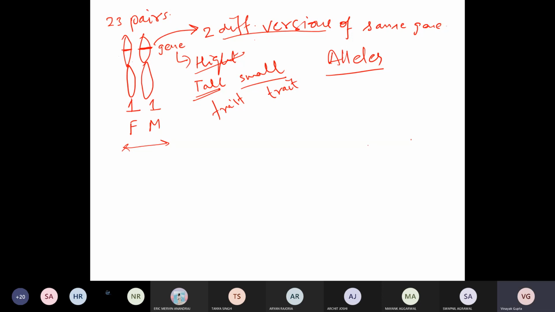So here three possibilities are there. In case of alleles, there are three possibilities. Like first is that both the alleles are same.